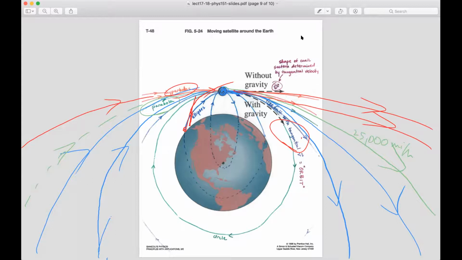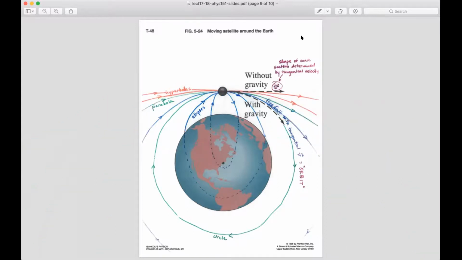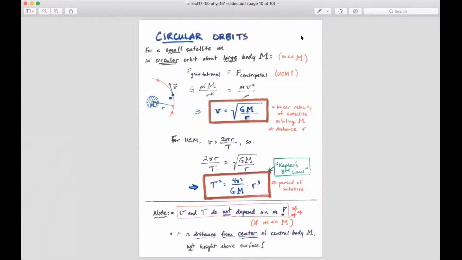All right, so let's consider now the very special case of exactly the circular orbit, because we already know the physics for uniform circular motion. We already learned that for uniform circular motion, there has to be some net force, and let's consider a little mass, which I'm going to call little m. In order for that mass little m to orbit a large mass, big capital M, there needs to be a net force acting toward the center of the circular motion.